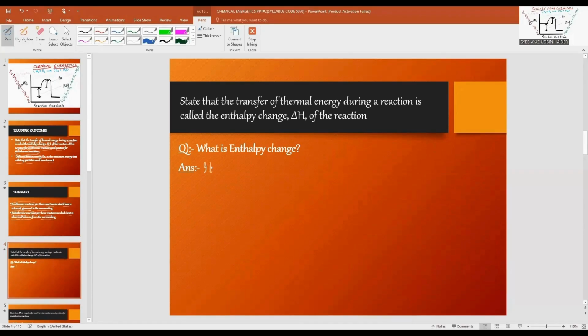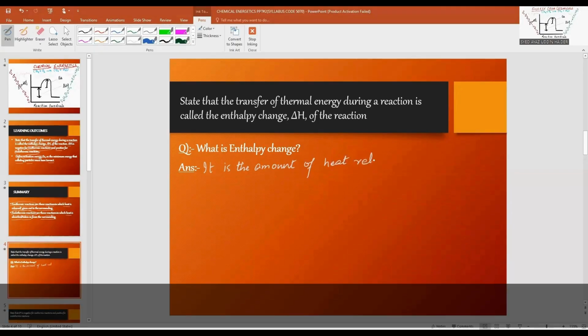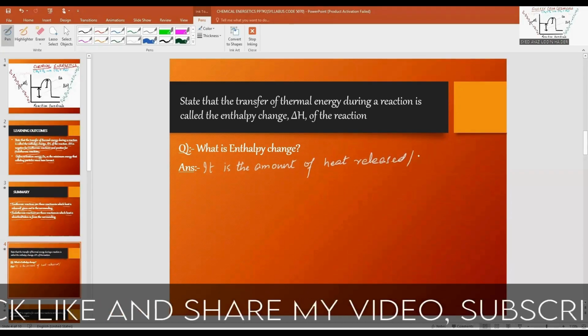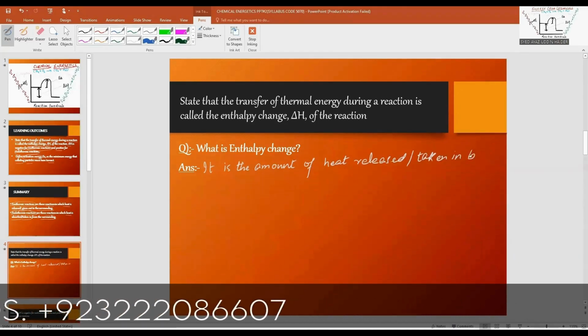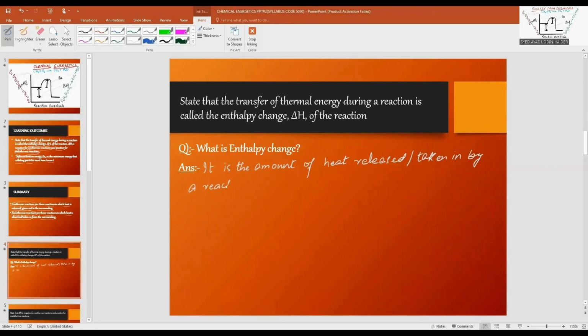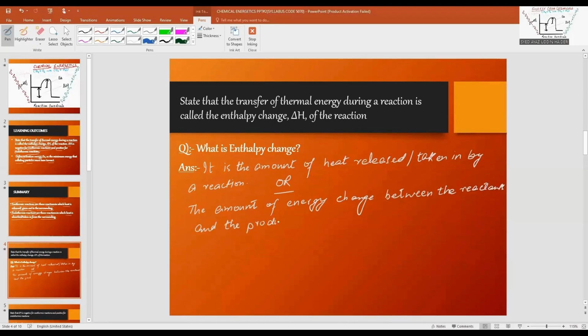Let me write. It is the amount of heat released or taken in by a reaction, or you can even write the amount of energy change between the reactants and products.